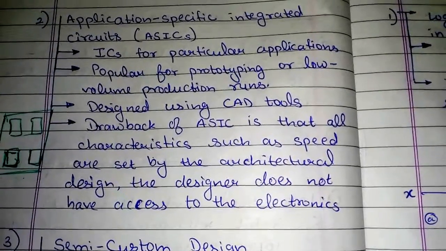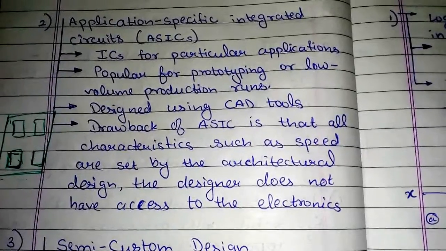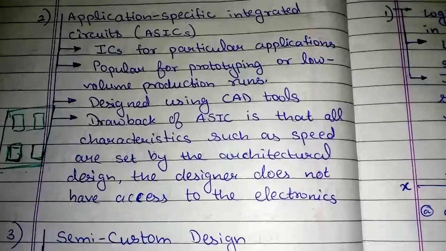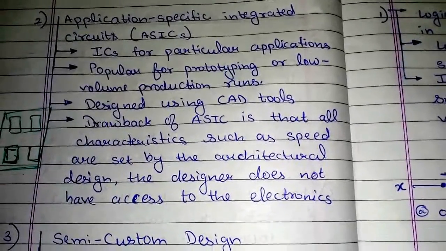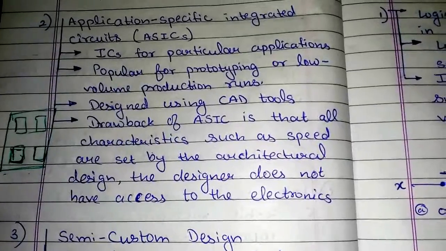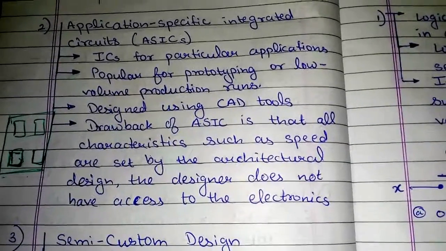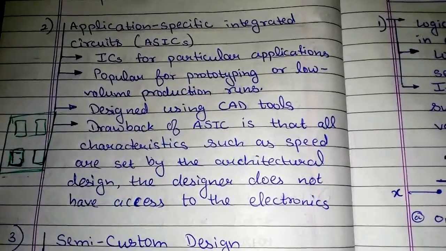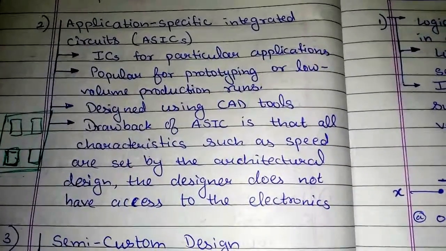Basically, let's say you want to improve the design, you want to reduce the size of the transistor, you want to reduce the size of the silicon wafer, that cannot be done in ASICs because these are predefined. There's no way you can change it. You can just use the tools you have and then design something new.